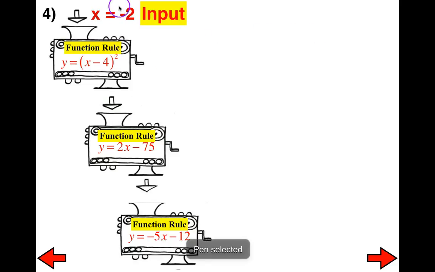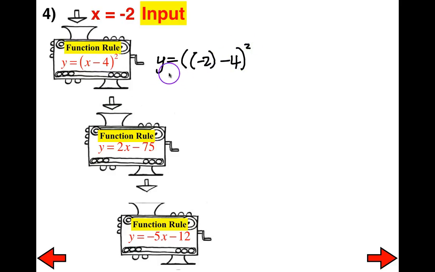First things first, you're going to input a negative 2 in for x. I'm going to say y equals parentheses, instead of x, I'm going to put a negative 2 there, minus 4, and that's going to get squared. So this is negative 2 minus 4, which is a negative 6. I'm going to square this, and that's going to give me 36.